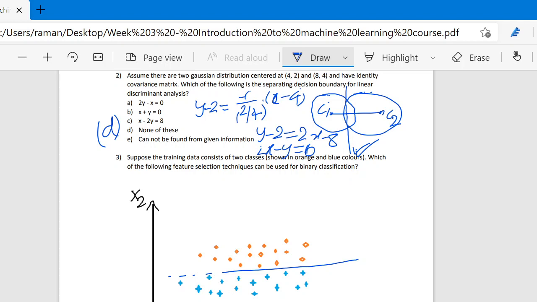Since we are given two classes, the maximum variance is along the x-axis if we do not consider any class. But we want to separate the classes, hence we should go with variation along the y-axis, which will help to separate these two classes well. So we should go with linear discriminant analysis, hence the option will be A.